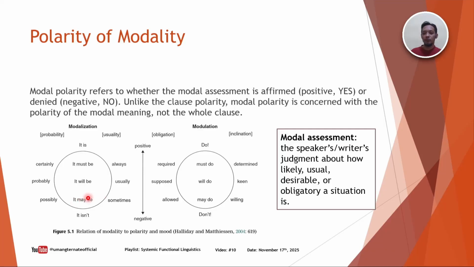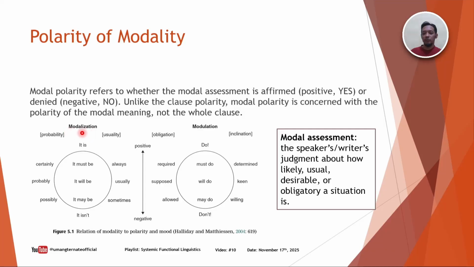May is low, will is medium, and must is high. But they are between whether something is or is not, the positive and the negative. Okay? And they apply to all types and subtypes of modality.